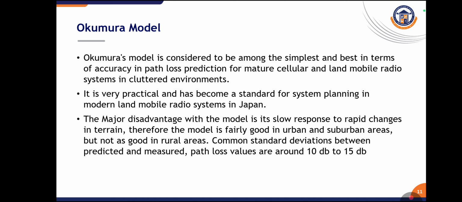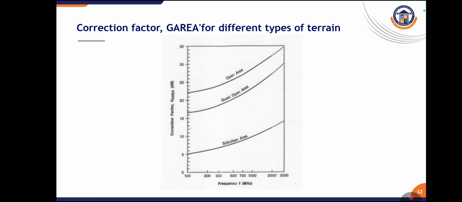Common standard deviations between predicted and measured path loss values are around 10 dB to 15 dB. So these are the calculated path loss values in urban and suburban regions, predicted and measured, which range from 10 decibels to 15 decibels.